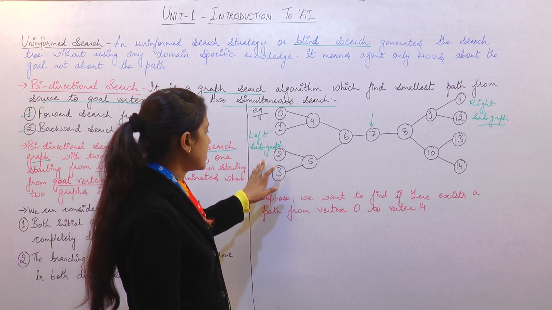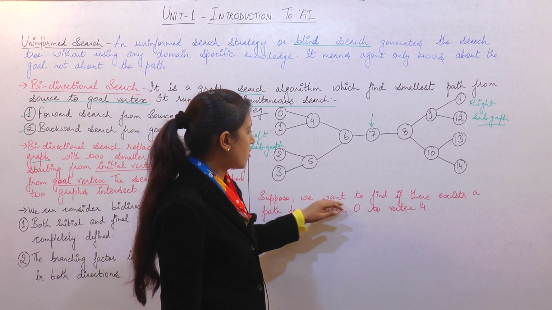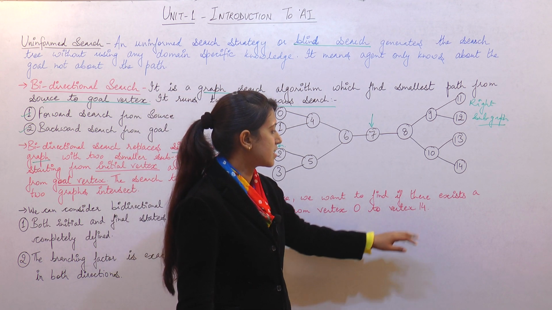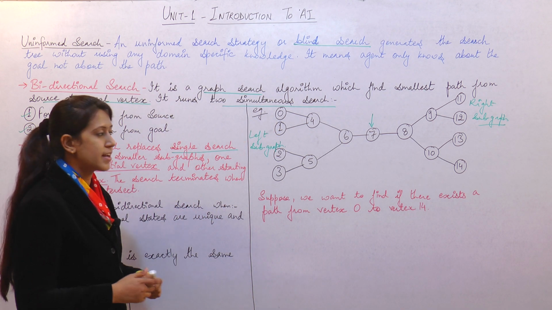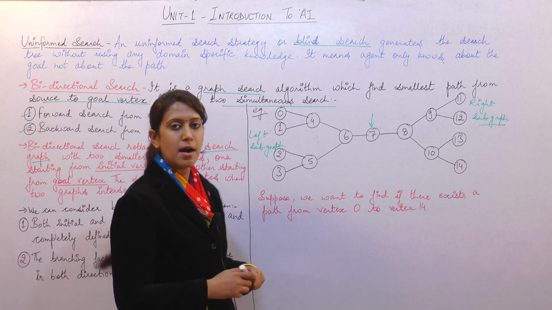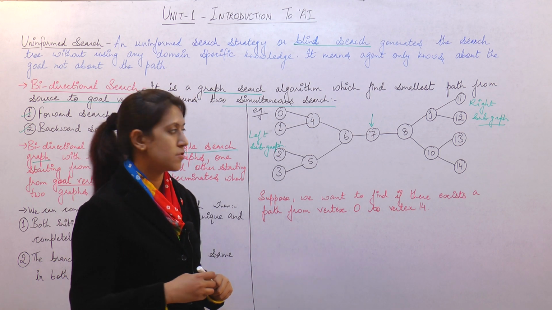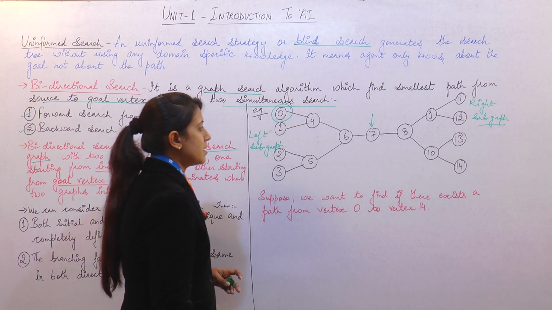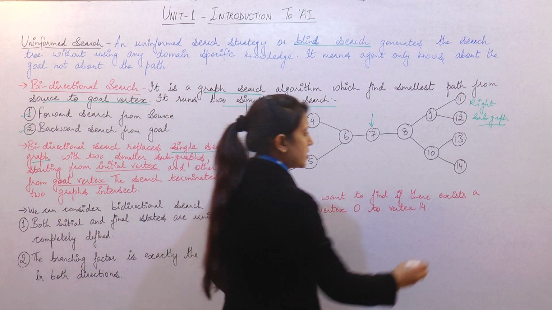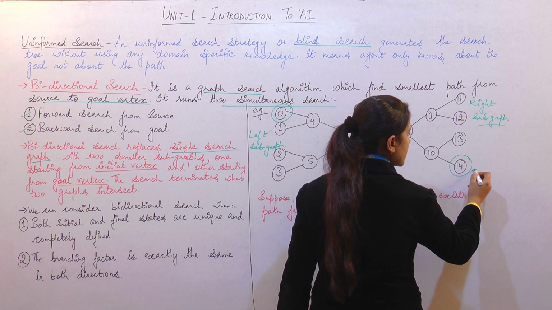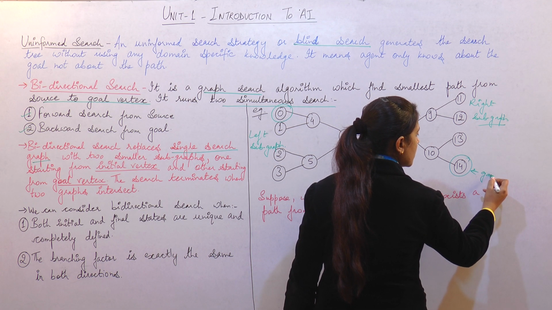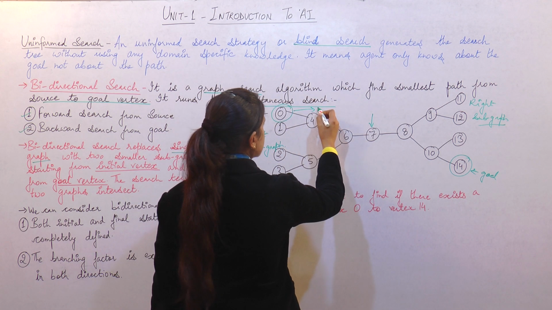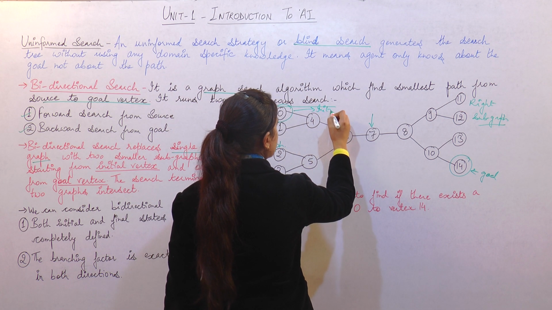Now for solving this example, suppose we want to find if there exists a path from vertex 0 to vertex 14. So in this given graph we want to find a path from vertex 0 to vertex 14. Vertex 14 is the goal node and vertex 0 is the initial node.